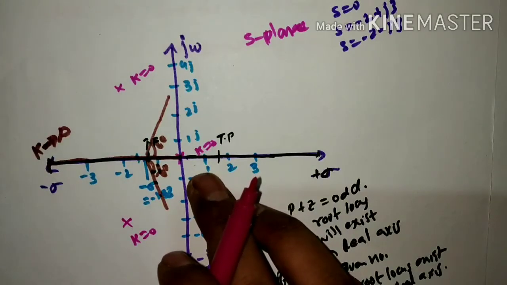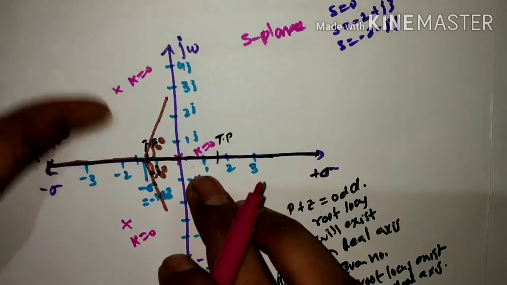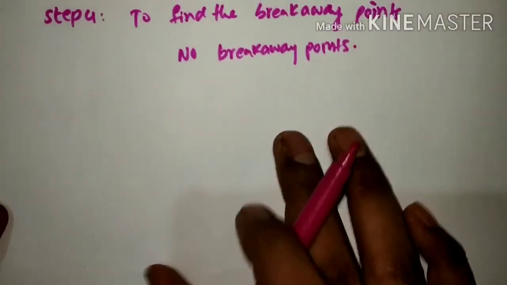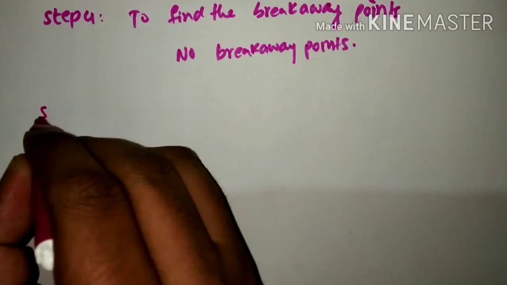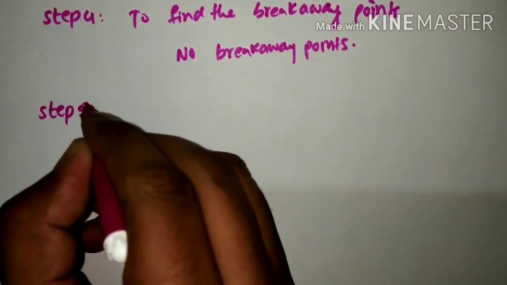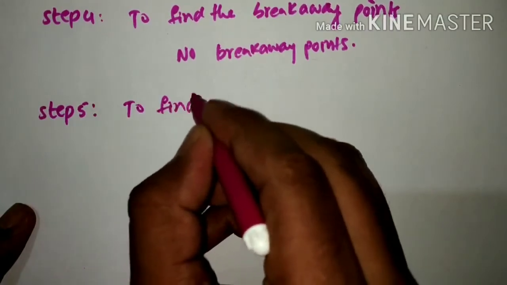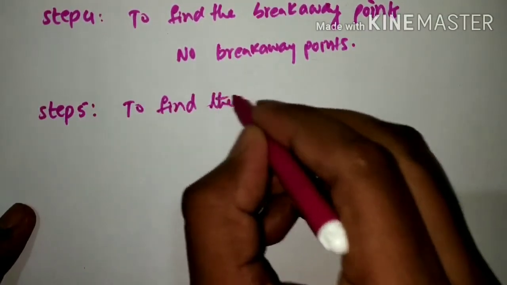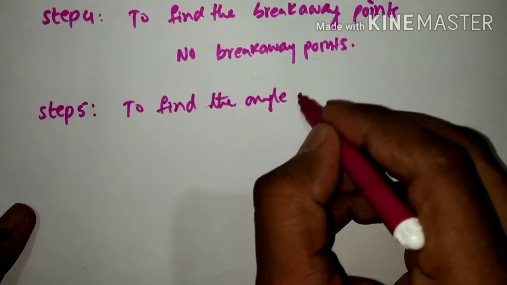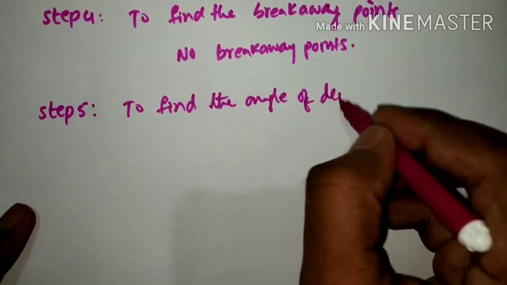Now the fifth step is to find the angle of departure.